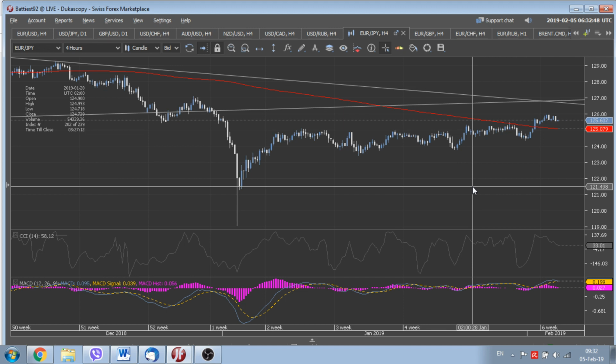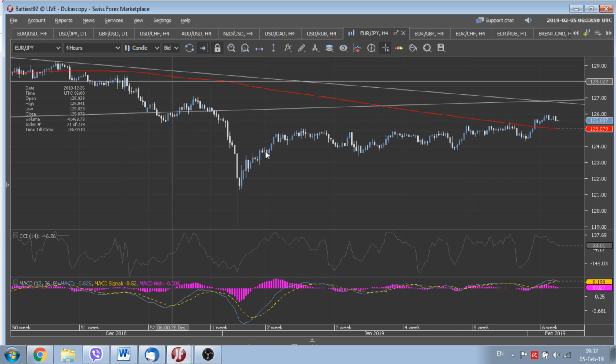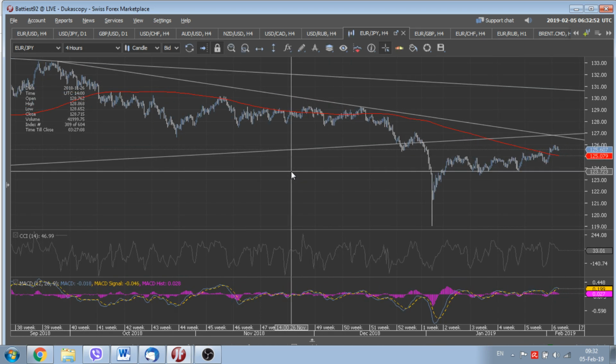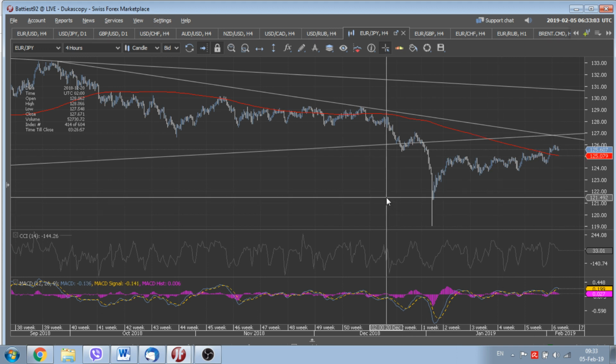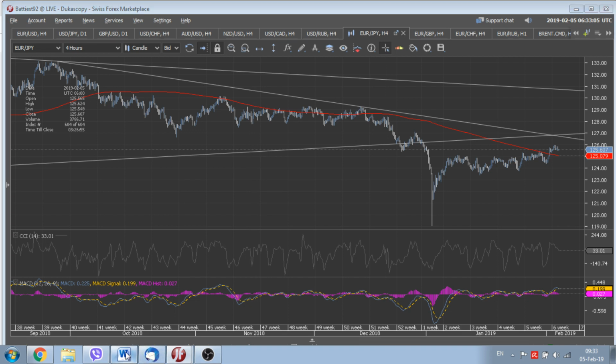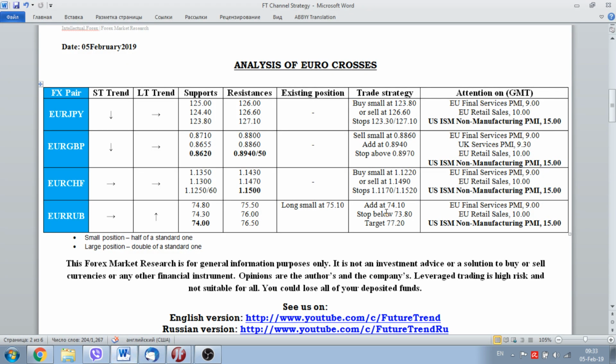Anyway, from a longer term point of view, there is a kind of downtrend line located at the level of 126.70, and we will use this barrier to sell the currency. As you can see, we are ready to sell at 126.60.